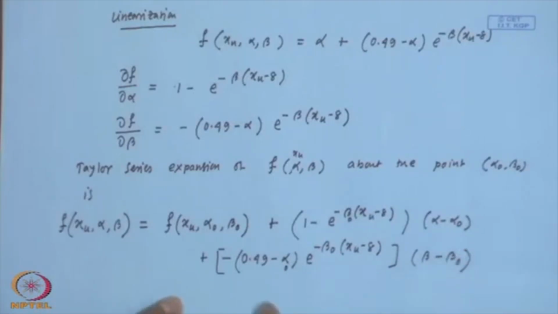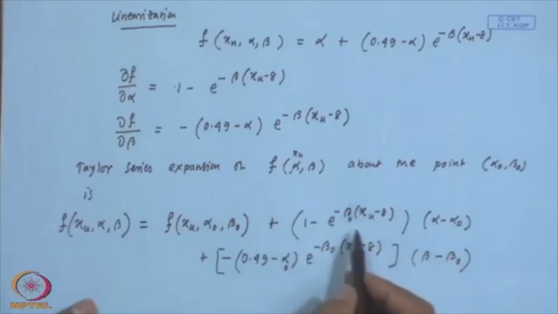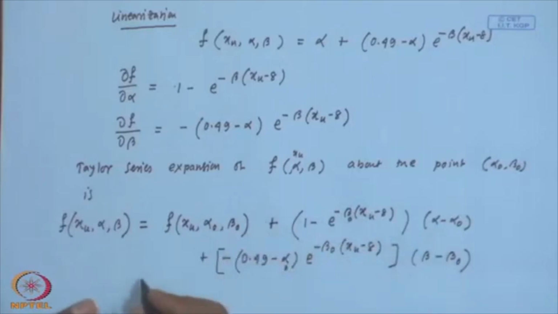Right. So, now you can see that this one is linear in alpha, beta. This is a constant term, and this one is also constant because we have plugged in the values alpha naught, beta naught.